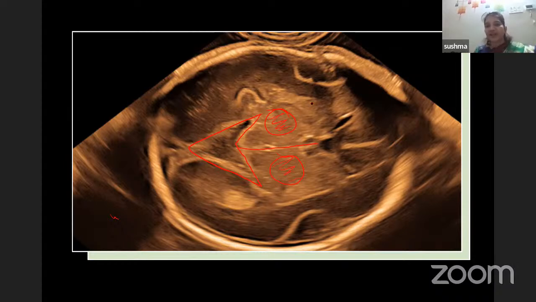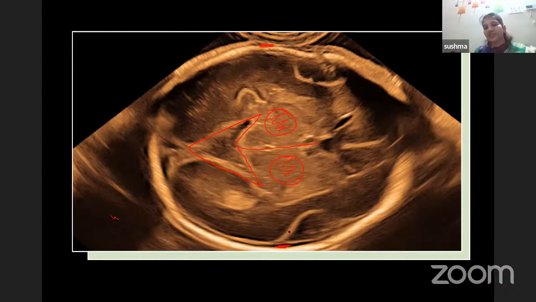It is actually featureless. This is the plane where we take biparietal diameter and head circumference. Biparietal diameter we take from outer to inner, whereas head circumference we take from outer to outer of the cranial bones.